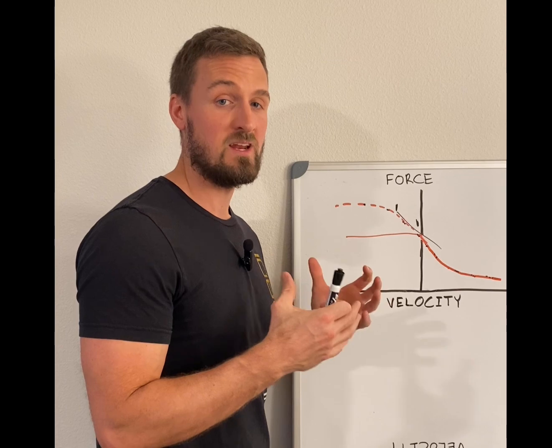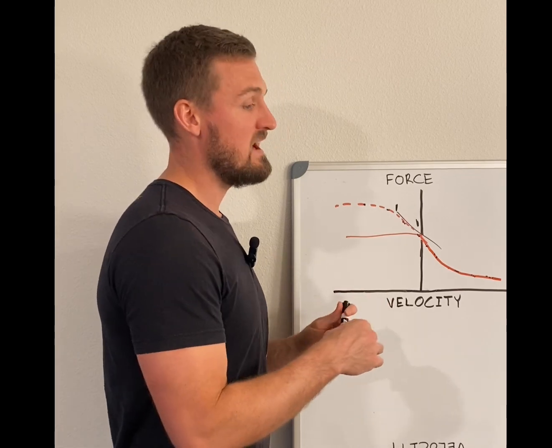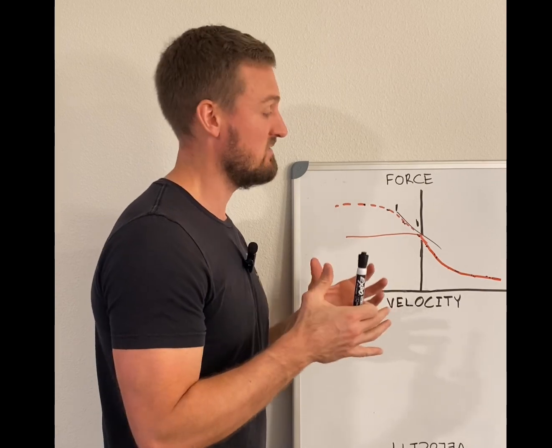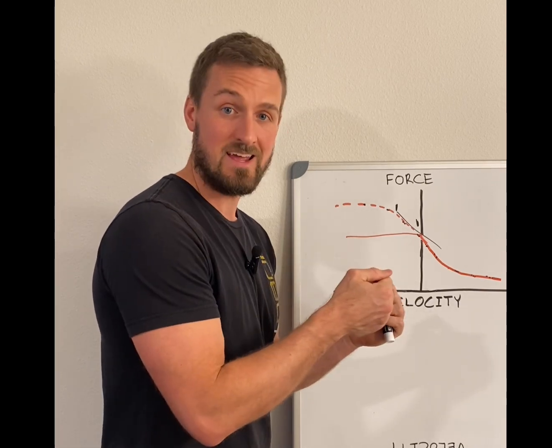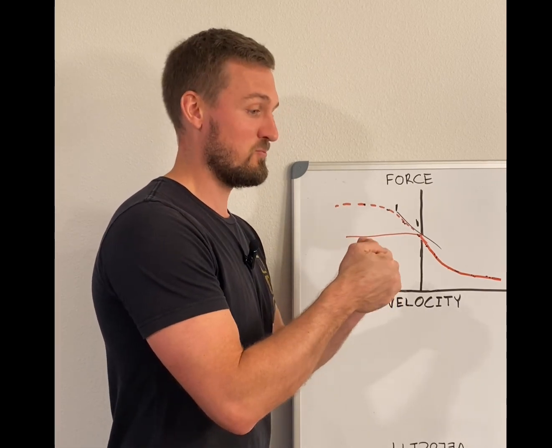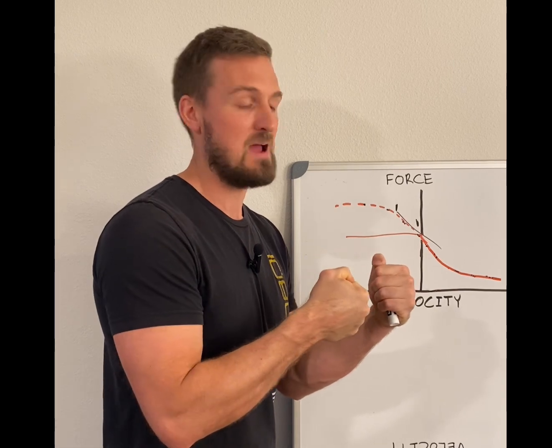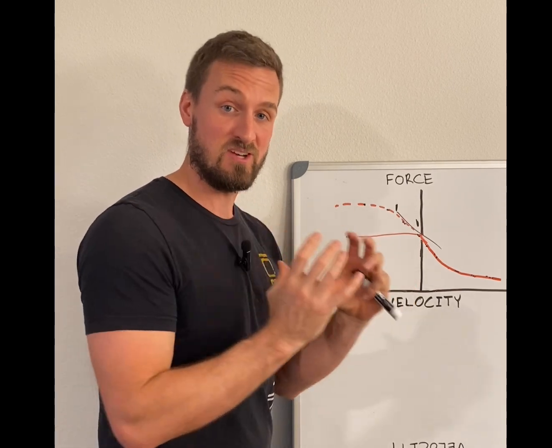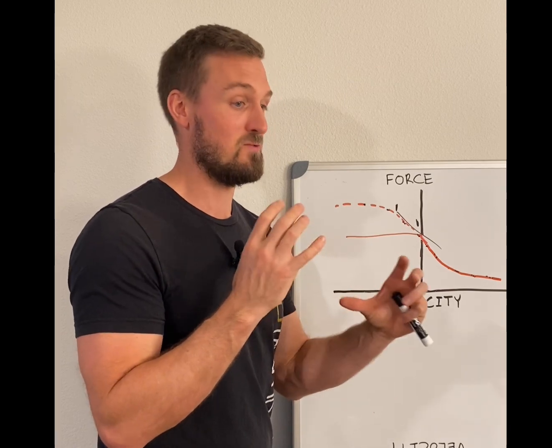So in that moment of stiffening, you have cross-bridge factors coming into play, right? Because of the muscle activation. You have titin engaging and resisting lengthening of the fiber. You have probably the connective tissue surrounding the muscle, right?